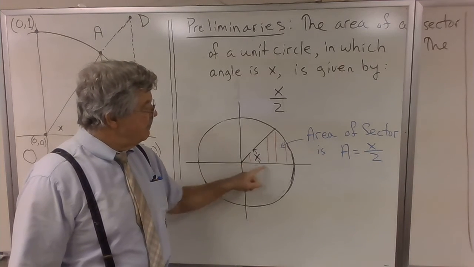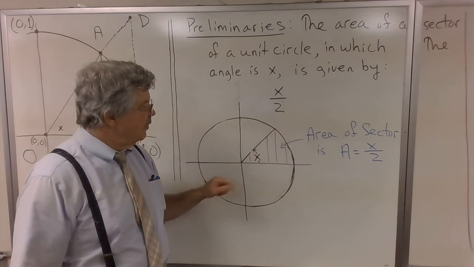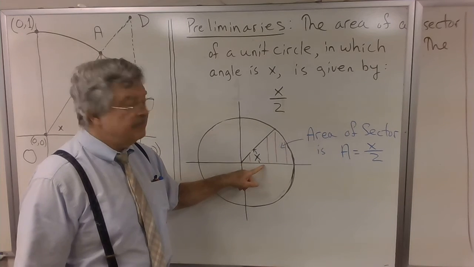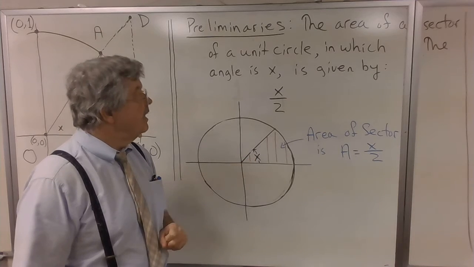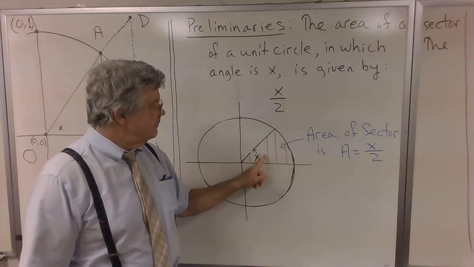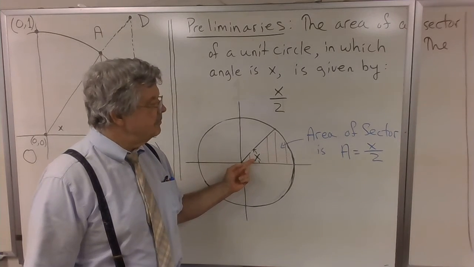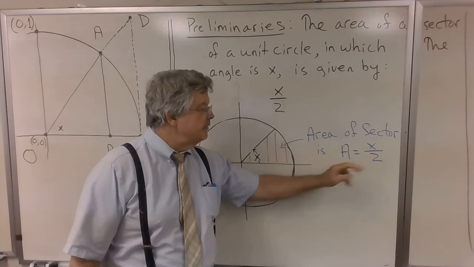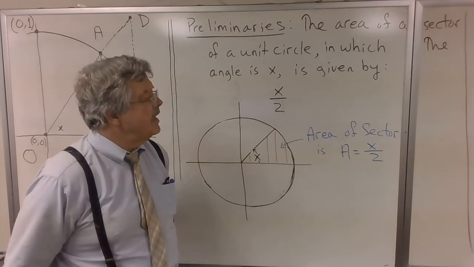So this pie-shaped wedge, or this slice of pizza here, is the sector of the circle that corresponds to the angle x. And our claim is that the area of this sector, the area of this slice of the pizza, numerically is given by x over 2, where x is the measure of the angle in radians.